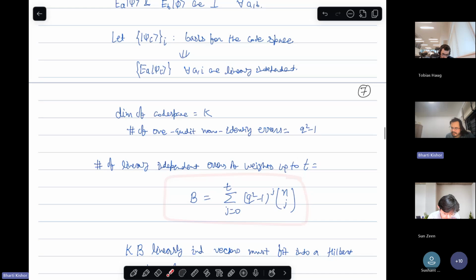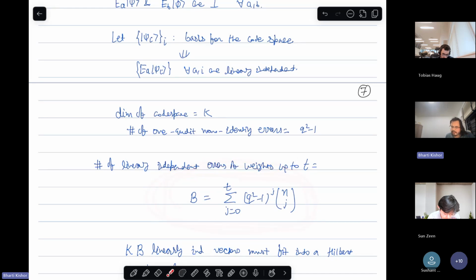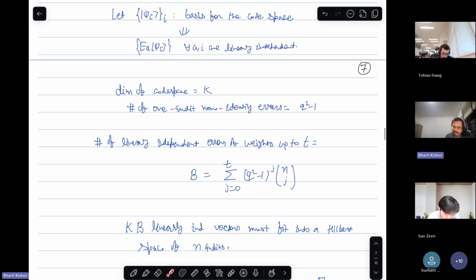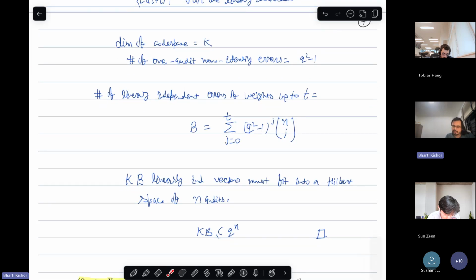You have to multiply that with the number of linearly independent code words. So you multiply K times this count, and that has to be upper bounded by the size of the Hilbert space, which is q to the power n. So it's just a packing argument.